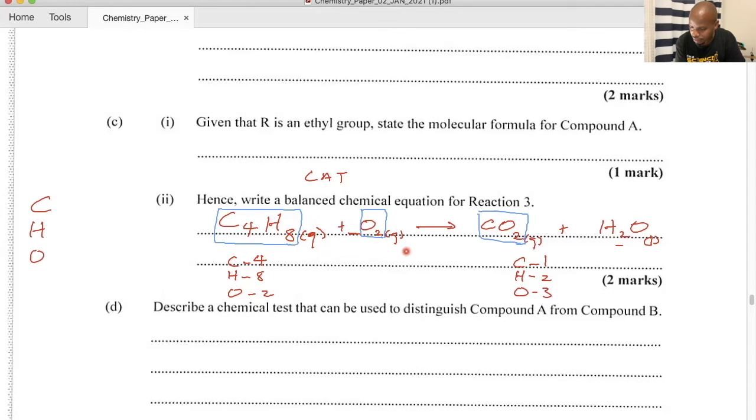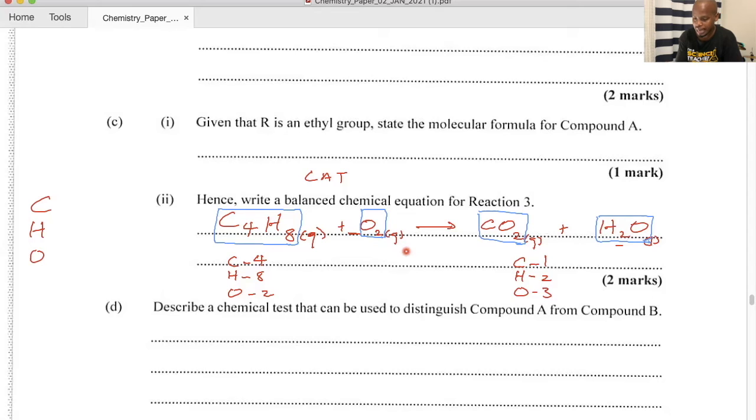Because if you interfere with the subscripts, you change what your compound is, and you will not get it balanced. That would cause frustration, and we don't want to get frustrated. So we put that there to protect it.